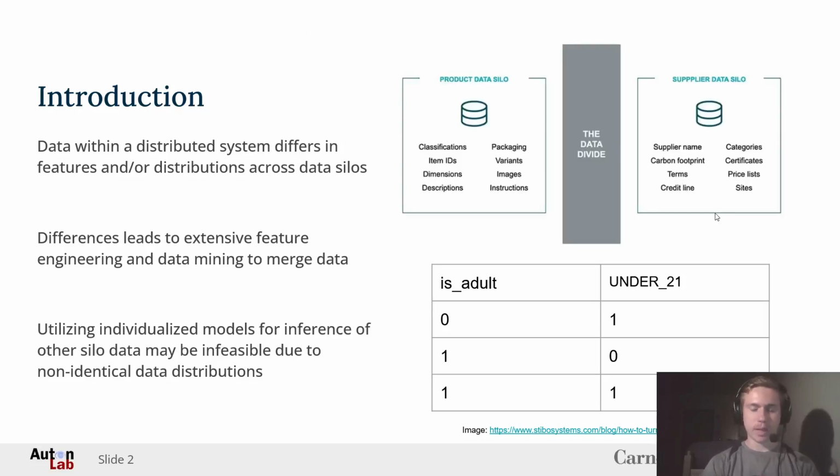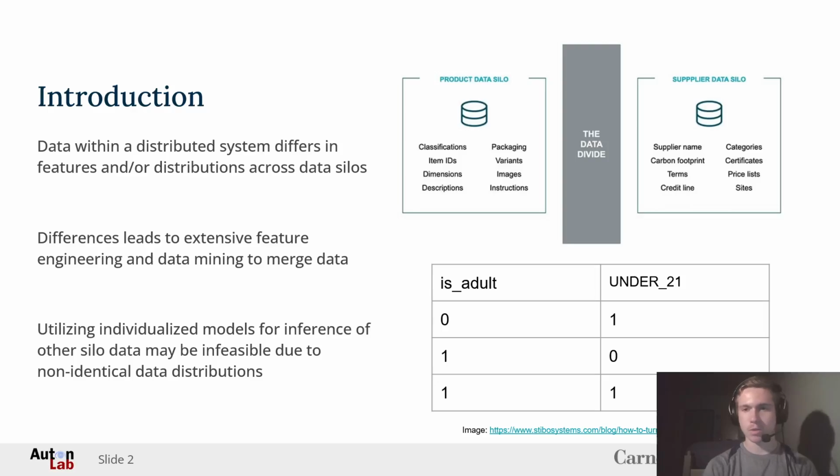So to give a little background, a little motivation for this problem, we're in a distributed setting and data can vary from one data silo to the other. It could be due to different ecosystems, conflicting interests. The example I always like to bring up is healthcare.